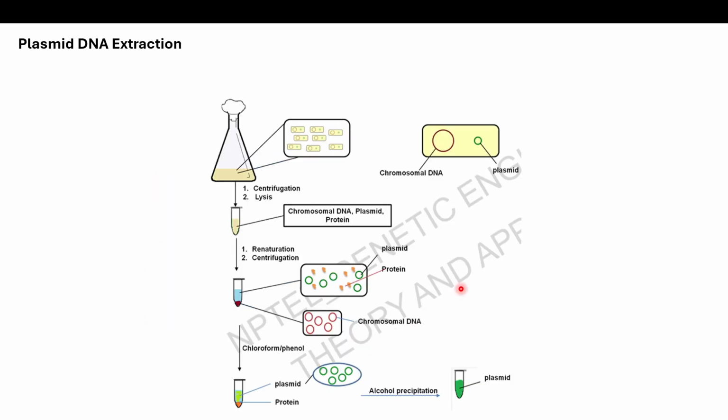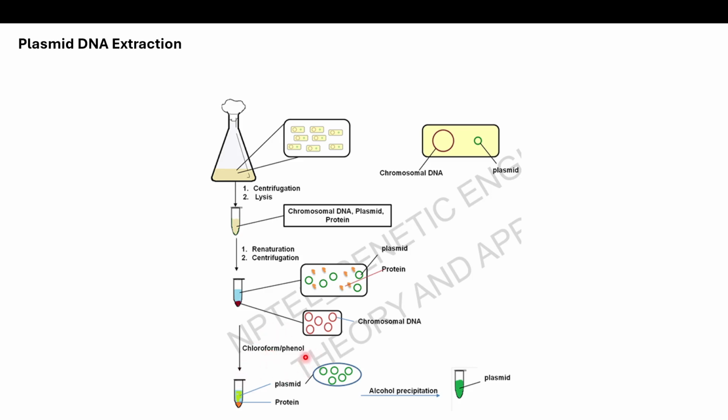I think plasmid DNA extraction, we looked at it the previous week. Let's go through it very briefly. You will be culturing the cells, pelleting the cells down, and lysing them. By lysing, you are breaking the cells open to take out chromosomal DNA, plasmid DNA, proteins, and other components of the cell. You centrifuge it again using different kinds of solvents.